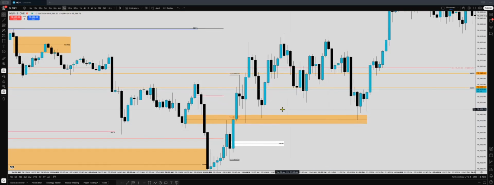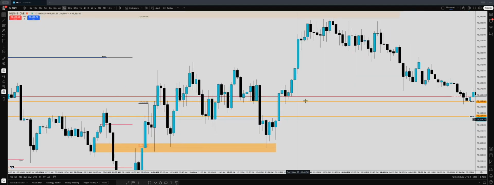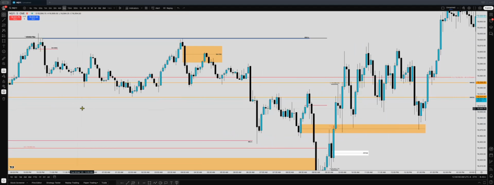And that's on the 5-minute. After that, you never really saw the model play out anymore on the 5-minute at all. So that's it. It occurred 3 times.